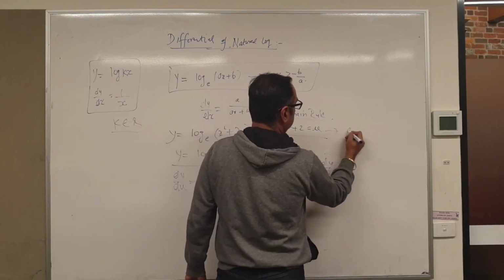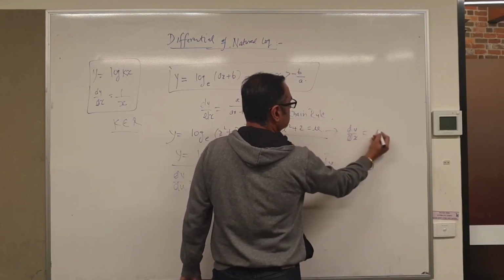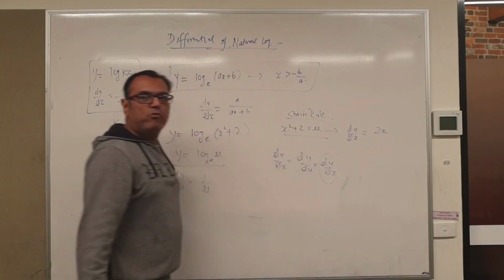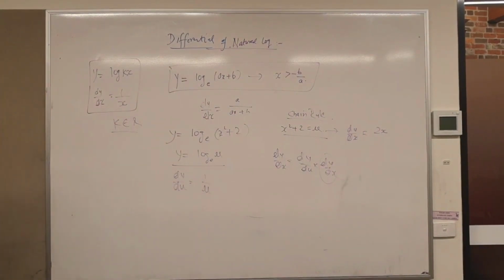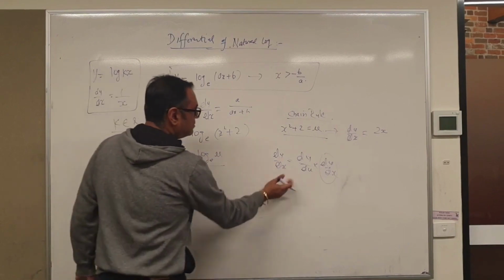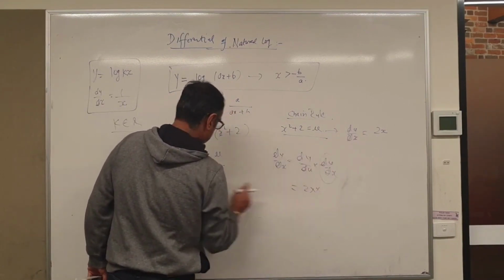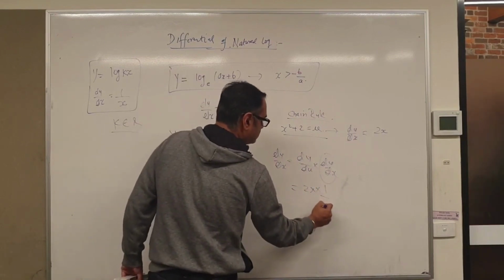And what is du by dx? Let's quickly find du by dx here. It is 2x. And then I just multiply them: 2x multiplied by 1 over u.